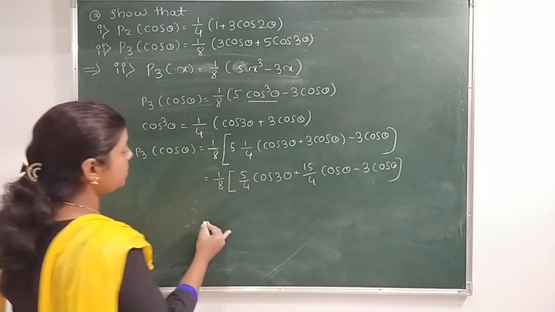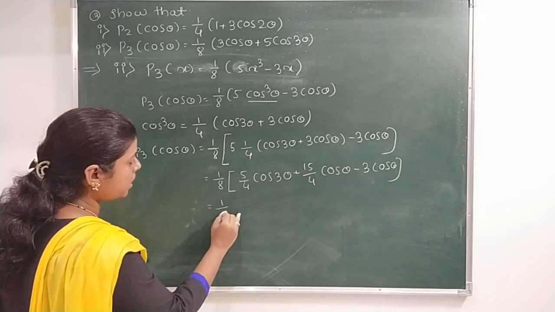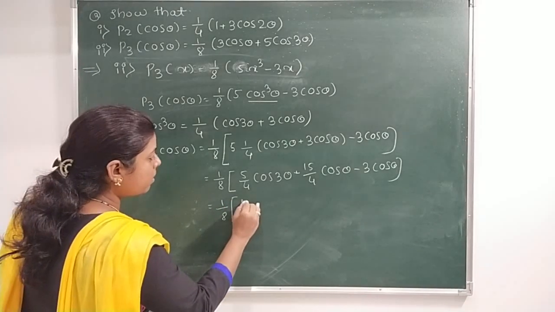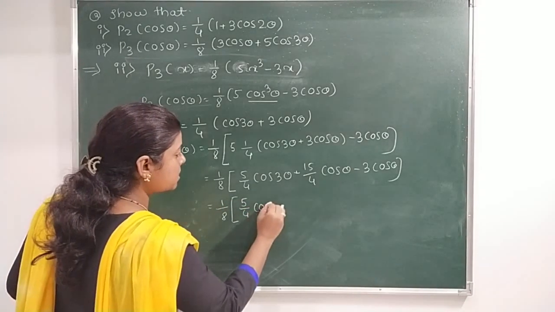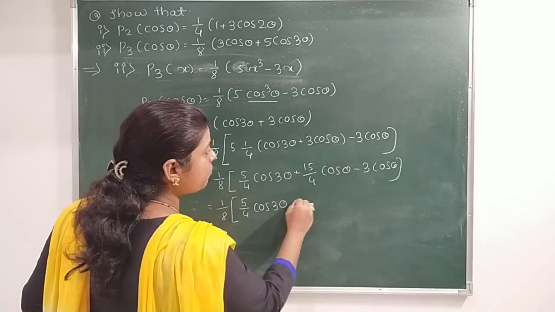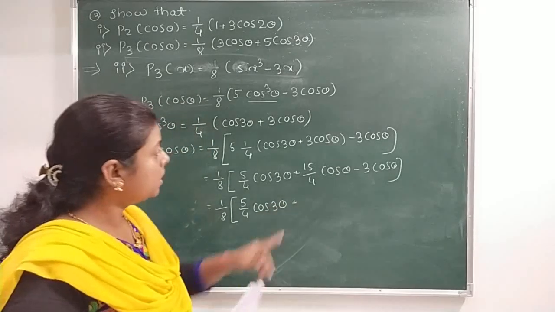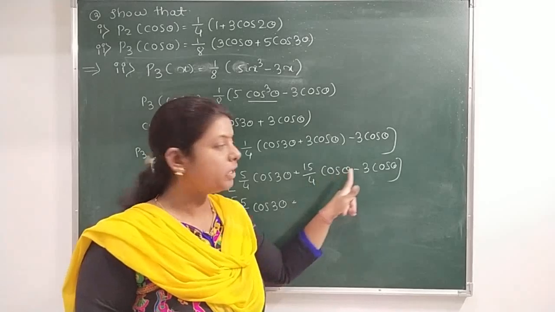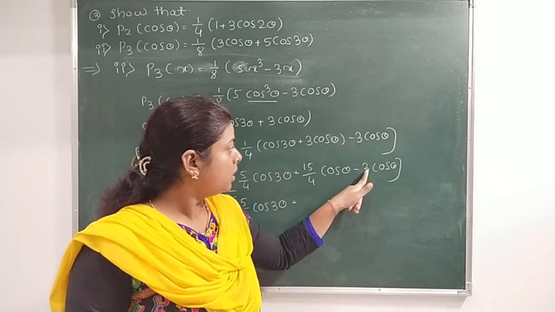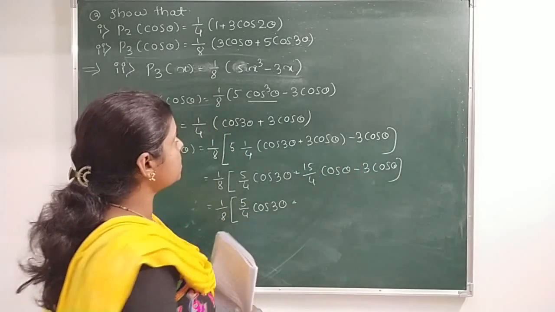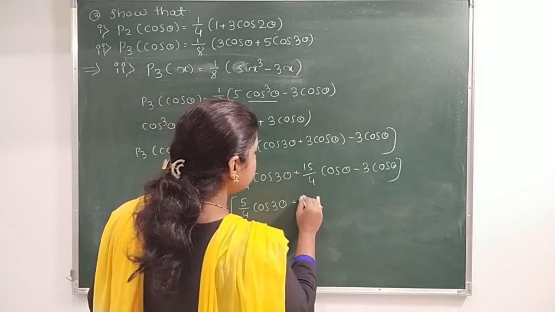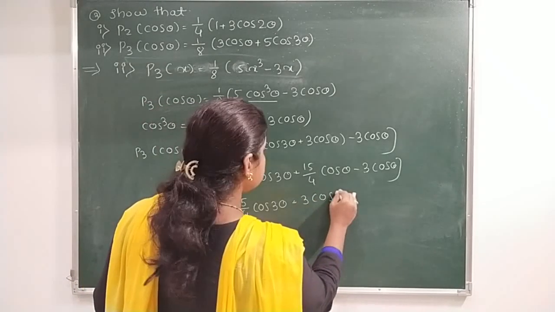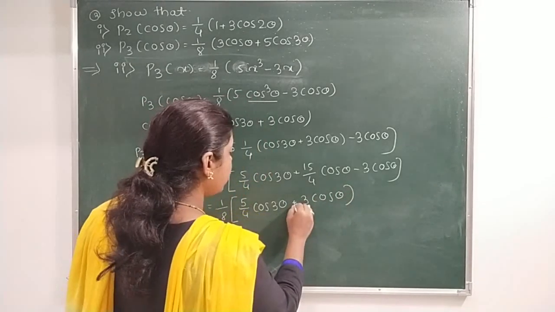Now you have to simplify the term by taking 5 by 4 cos theta as it is, and you have to simplify only the cos theta term. Here 4 is the LCM. 4 into 3 is 12. 15 minus 12 is 3. 3 cos theta divided by 4.